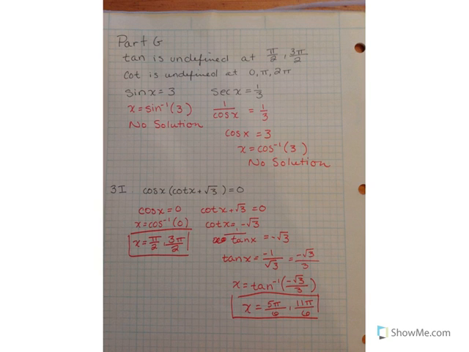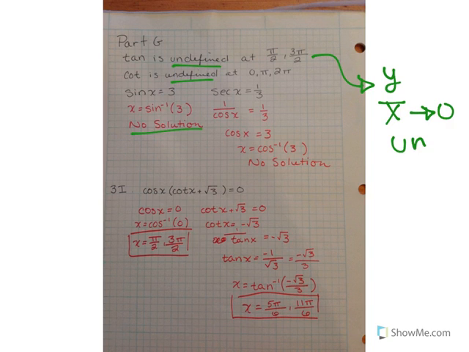Moving right along in part G, we're looking at things that were either undefined or no solution. Tangent is undefined at pi over 2 and 3 pi over 2. Since tangent is y over x, when x is 0, we get undefined. So x is 0 at those 2 points. Cotangent is x over y, so when y is 0, then we will get undefined.